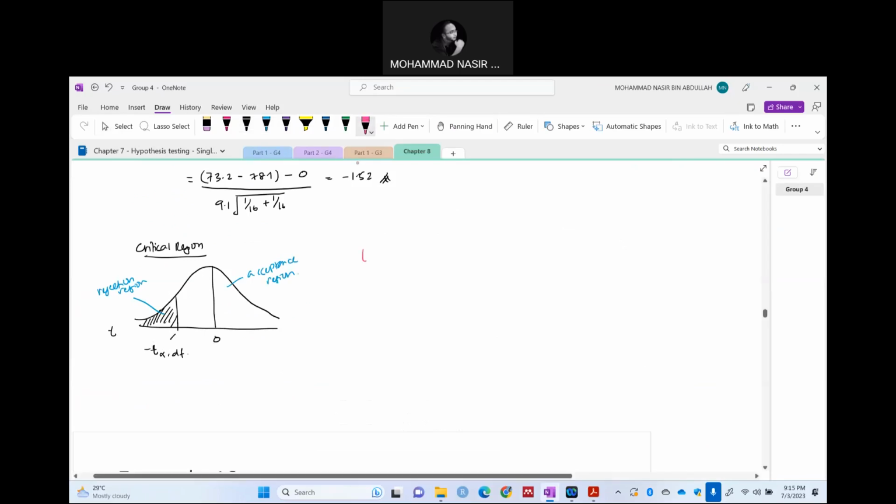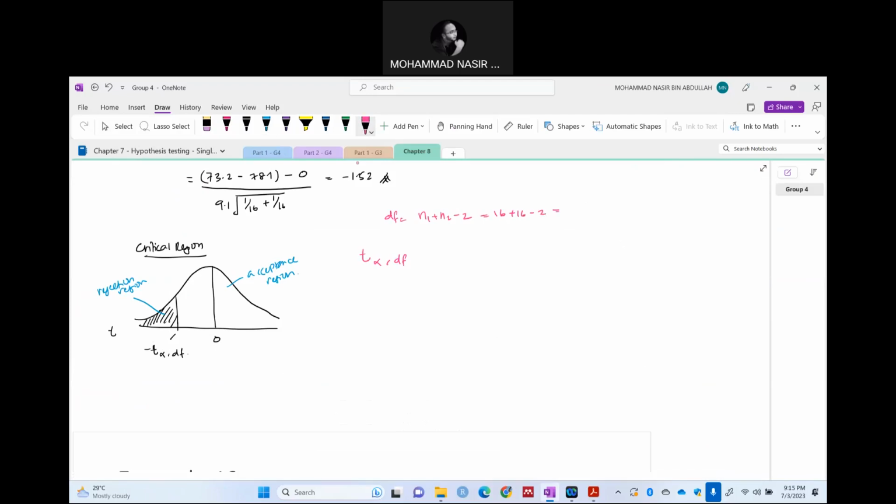Okay. So T alpha. Since this is a one tail test, we don't need to divide by 2, with degrees of freedom. So what is the degree of freedom? The degree of freedom is equal to n1 plus n2 minus 2, which is 16 plus 16 minus 2, equal to how much? 30.